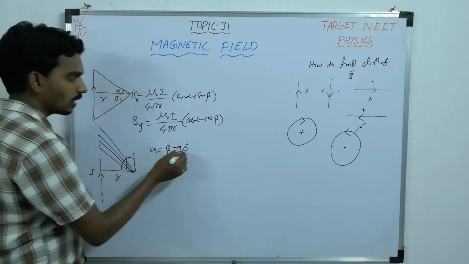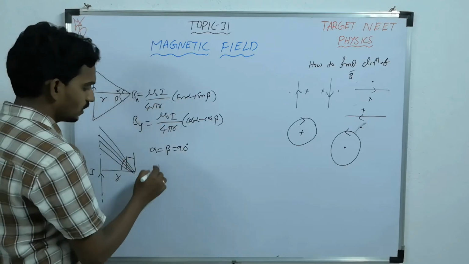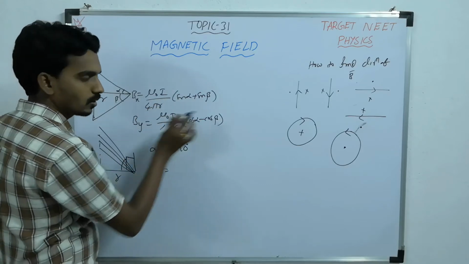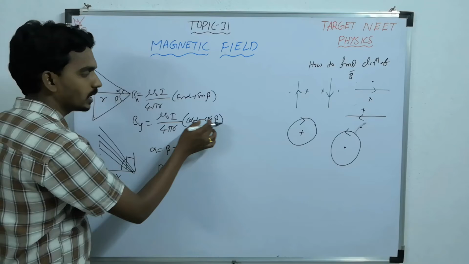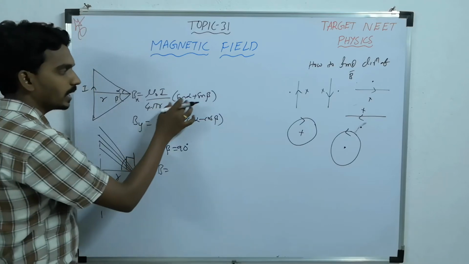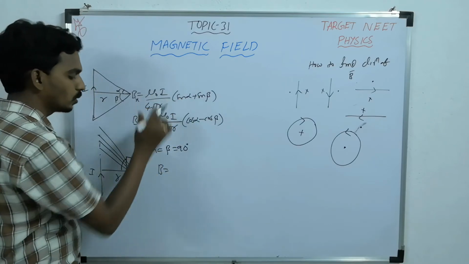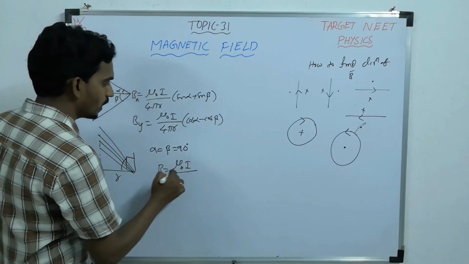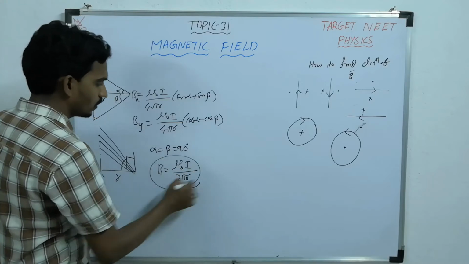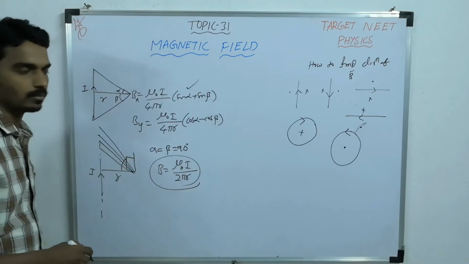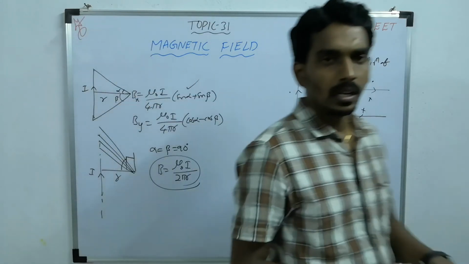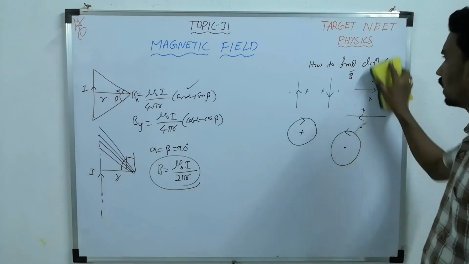So approximately alpha, beta are 90. Then the y component becomes 0, cos 90 is 0. But sin 90 is 1, plus 1, 2. So it will become mu naught I by 2 pi r. That is one formula, the second formula is for the circular element.